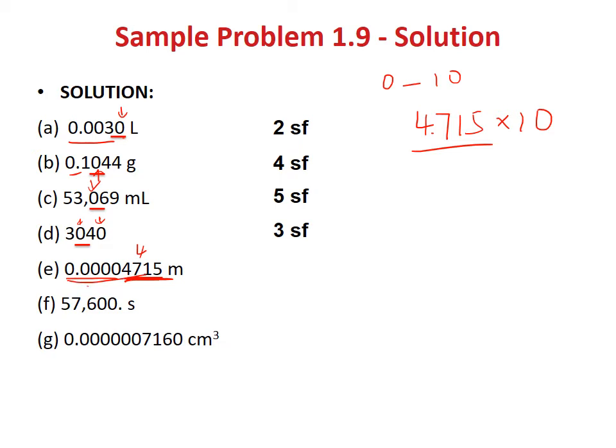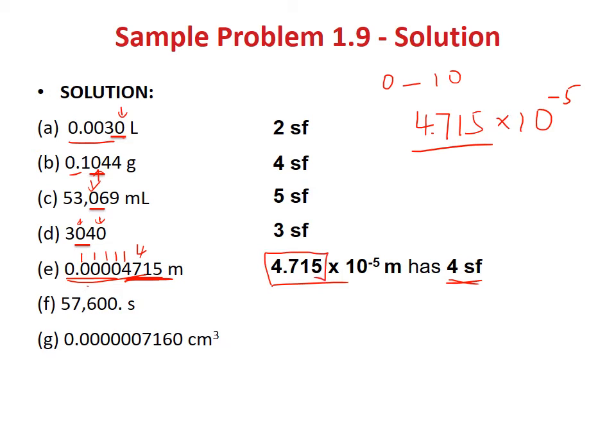So here we have 1, 2, 3, 4, and then 5. So 5 numbers after 0, and that must be -5. Okay, so this is the scientific notation, and you have 4 significant figures.